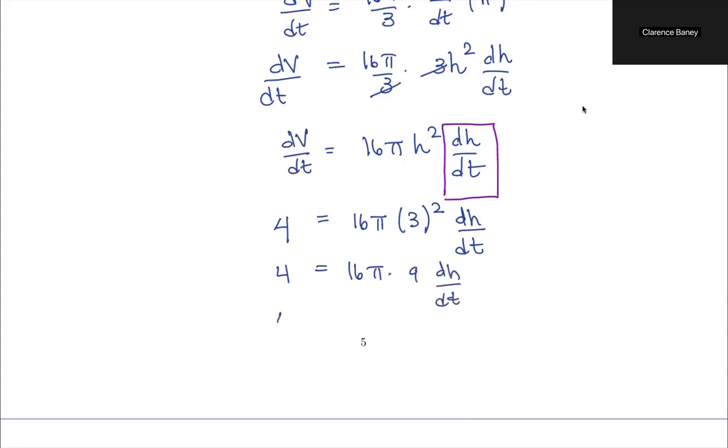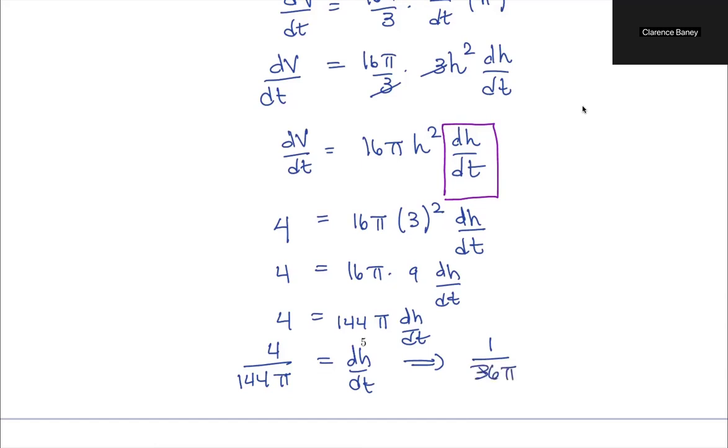So 4 is going to equal 144 pi times dh/dt, which means 4 over 144 pi is going to equal dh/dt, or in other words, 1 over 36 pi.